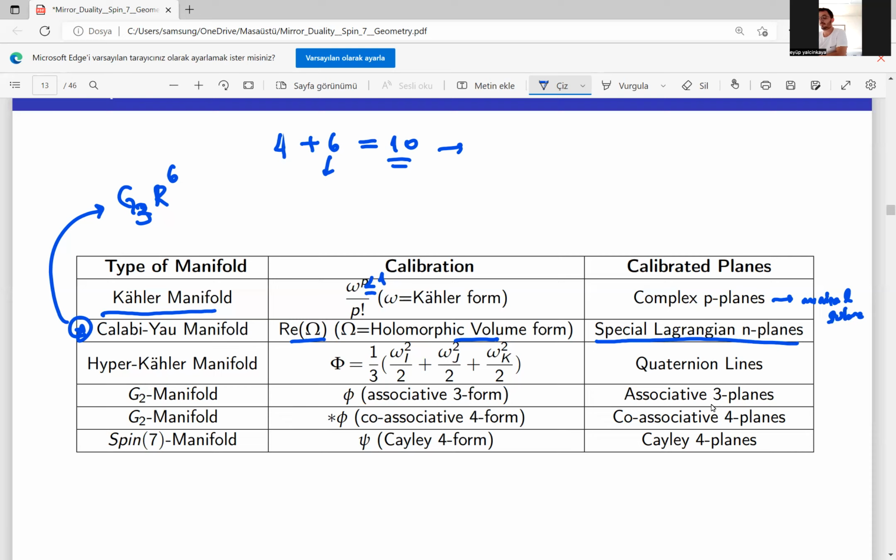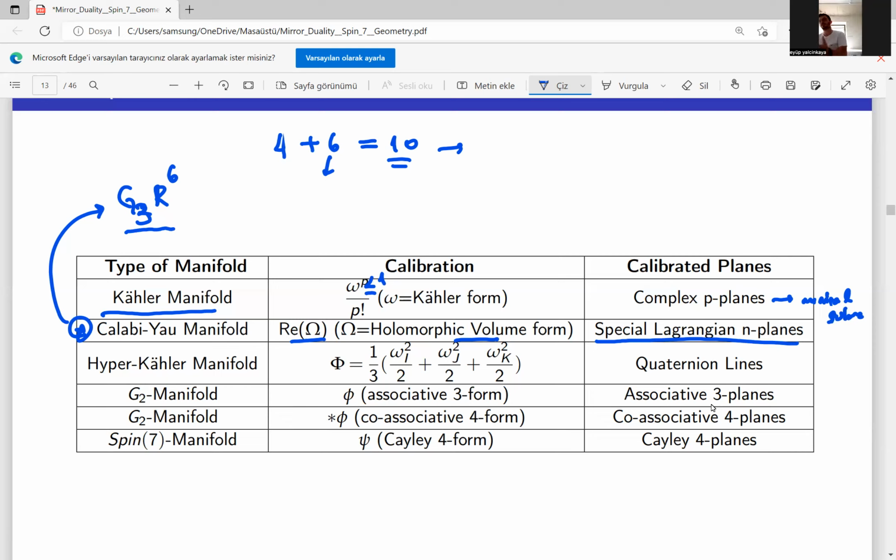And you can look at the Calabi-Yau manifold in 2 parts. One of them is, you can start with a fixed Calabi-Yau manifold, and you can try to understand the special Lagrangian planes. Or another way is that you can think about all the typical Calabi-Yau manifolds, G3 R6.